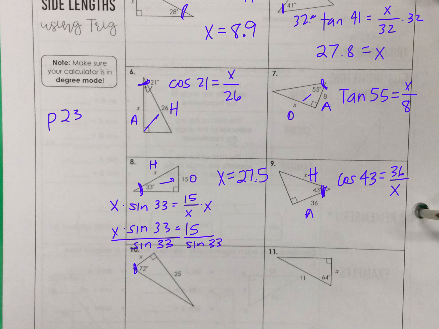If I'm looking at that 72, I've got an opposite and an adjacent, so the tangent of 72 is going to equal 25 over x. And last one on this page, I've got an adjacent and a hypotenuse, so that is the cosine of 64 equals adjacent over hypotenuse.